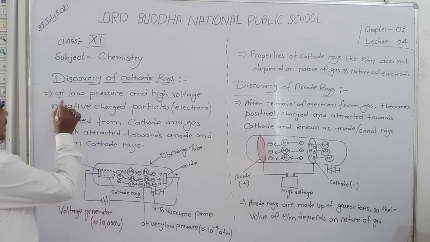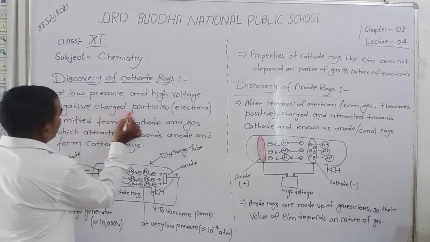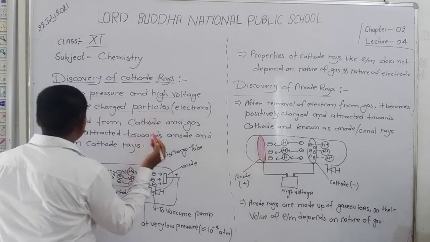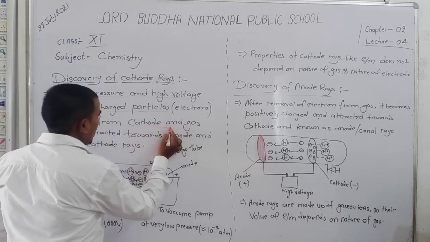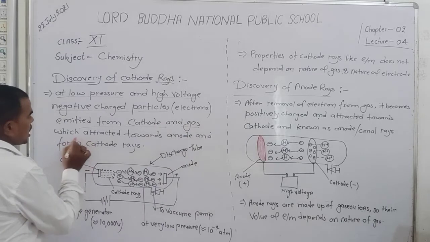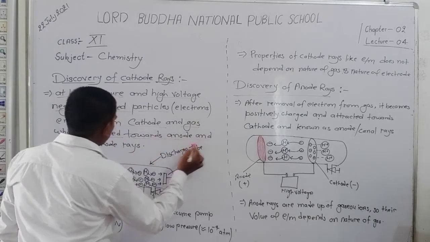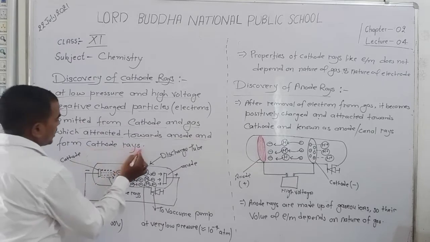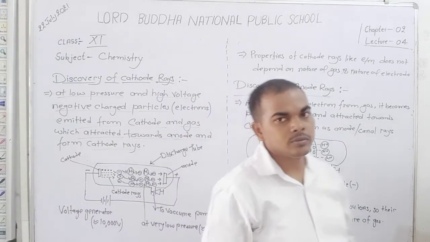At low pressure and high voltage, negatively charged particles, that is electrons, are emitted from the cathode, and gas particles are attracted towards the anode from the cathode. These form the cathode rays.